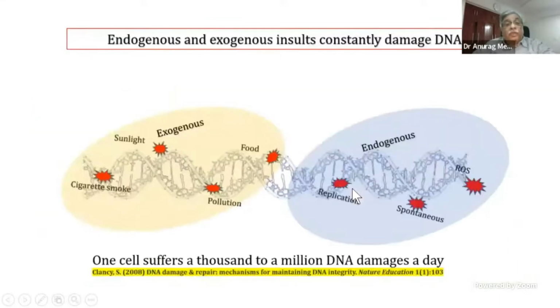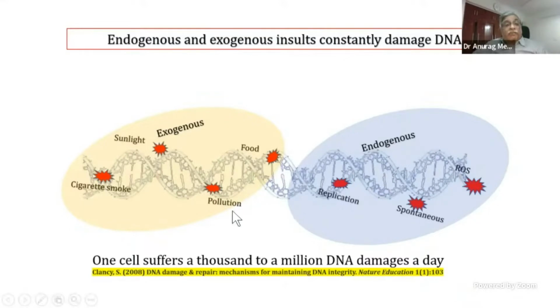So we know that our DNA is continuously being damaged by endogenous and exogenous insults. The endogenous insults are in the form of reactive oxygen species, spontaneous deamination, alkylation, oxidation, and the errors of replication.